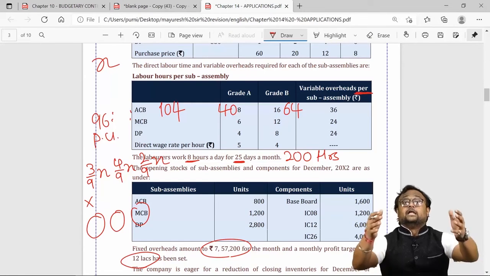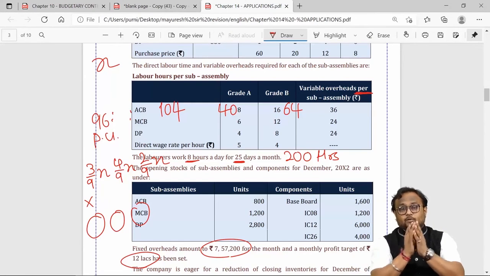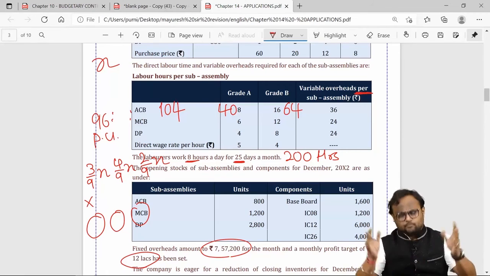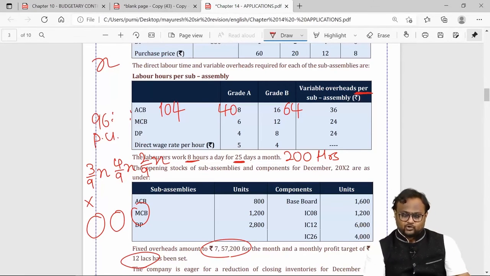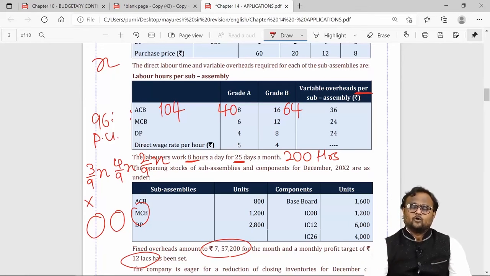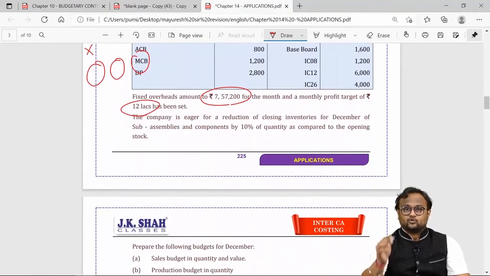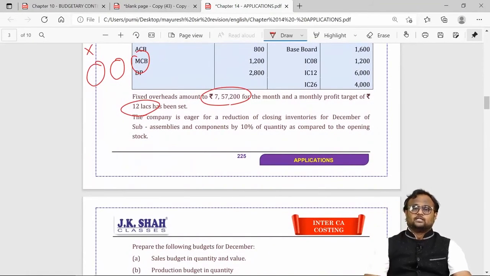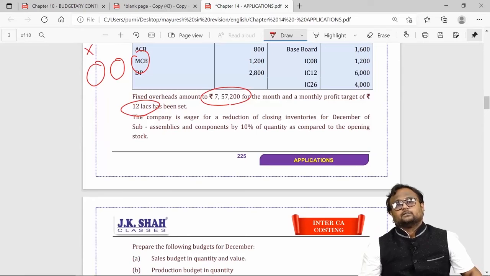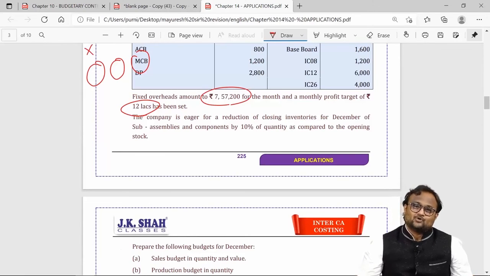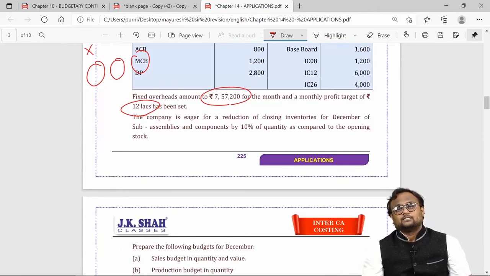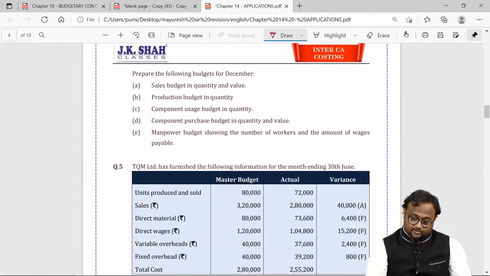Merge that, that will be your total contribution. Equate it with 19,57,200, you will get the value of X, and the value of X is your total quantity. Split that in the ratio 3:4:2 to get the sales quantity. Once you get sales quantity, multiplied by selling price will give you the sales budget, and that will be your first answer.